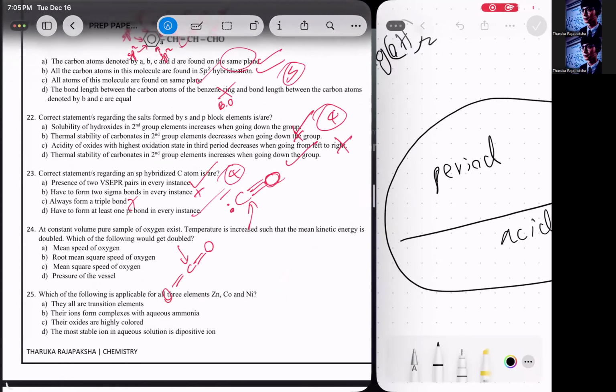24th one, at constant volume, a pure sample of oxygen exists, the temperature is increased such that the mean kinetic energy is doubled. Which of the following would get doubled? People, mean kinetic energy doubles, so temperature becomes double. Temperature becoming double means mean square speed will double because mean square speed is 3RT over M. So when temperature doubles, mean square speed doubles.